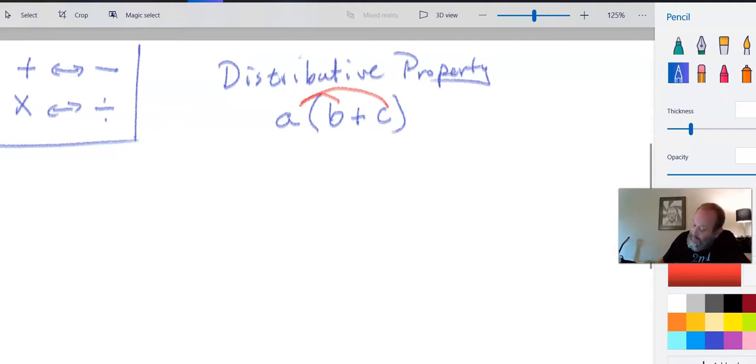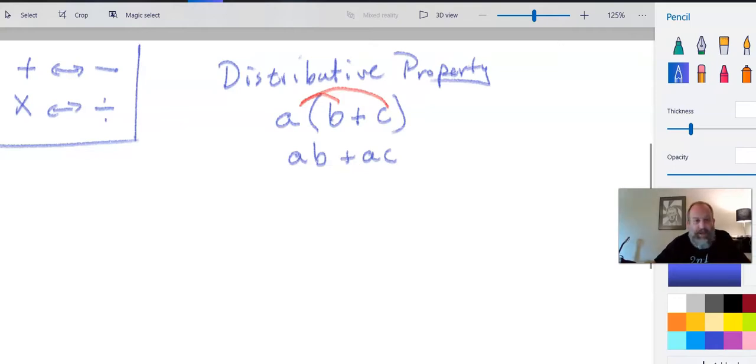Each term in the sum gets multiplied individually. A times B is AB, and A times C is AC. And then you have to honor the signs.